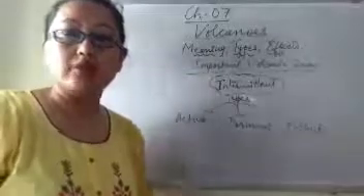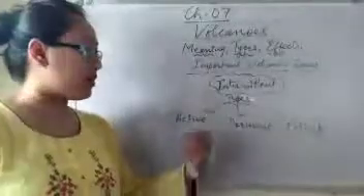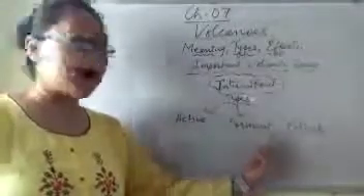So these are the three types of volcanoes, which are based on the frequency of volcanic eruption: active volcano, dormant volcano, and extinct volcanoes. So let's know about these three types of volcanoes.